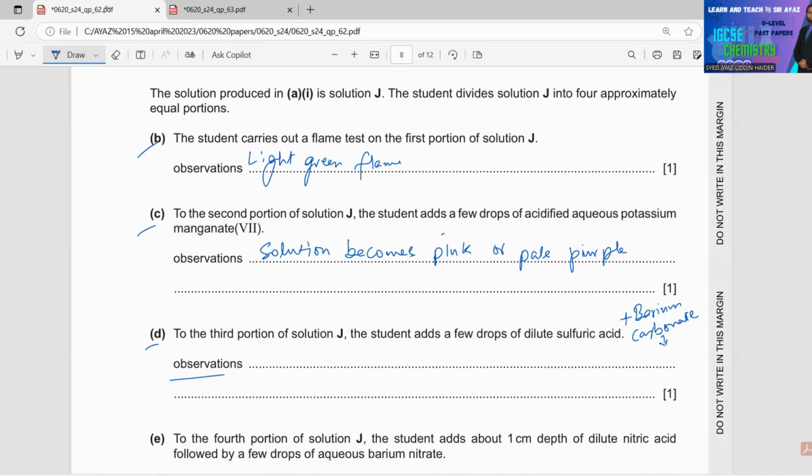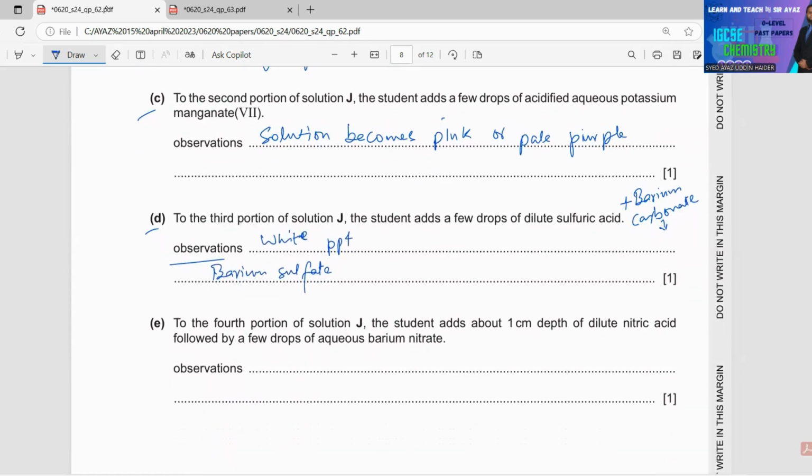Barium sulfate is white in color. We have white PPT of barium sulfate. So I will write white PPT here. It's due to the formation of barium sulfate. So these will be the observation for this one.